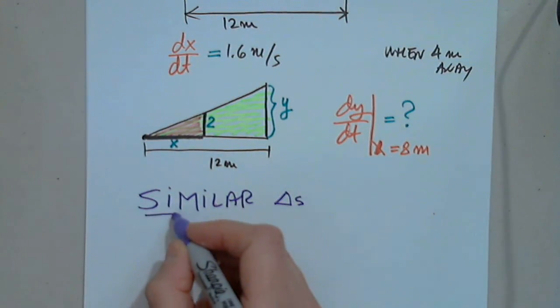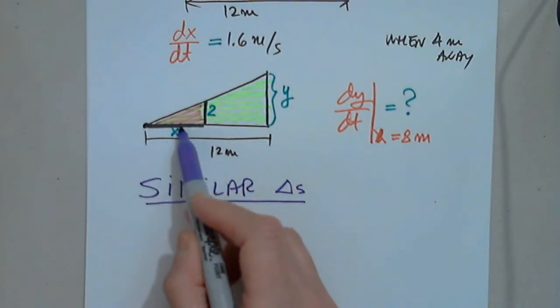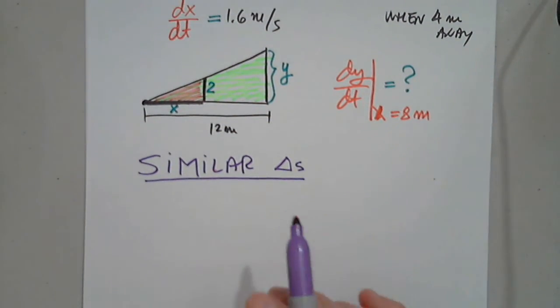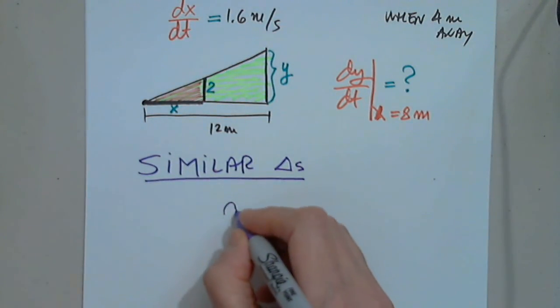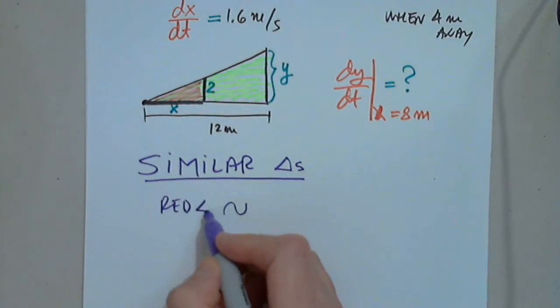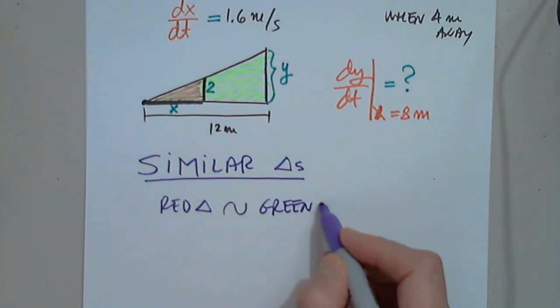I'm telling you that these are similar triangles. The tiny red one and the big green one, they're similar triangles. And the notation is like this, similar. So red triangle is similar with green triangle.